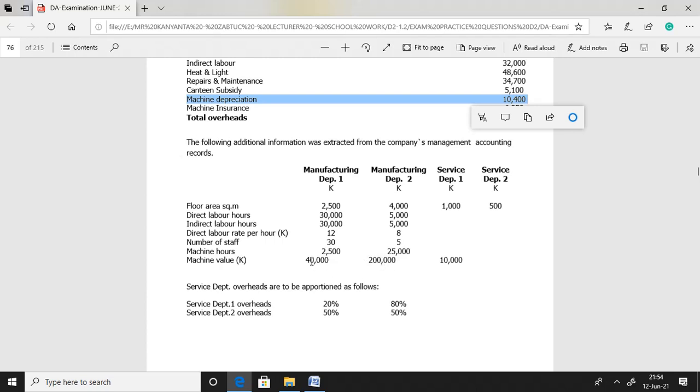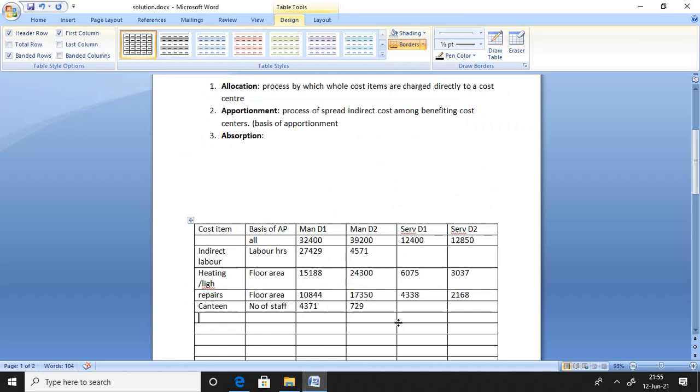So you will say 40,000 divided by 250,000 multiplied by 10,400; 200,000 divided by 250,000 multiplied by 10,400; 10,000 divided by 250,000 multiplied by 10,400. When you do that, these are the solutions we're going to have.